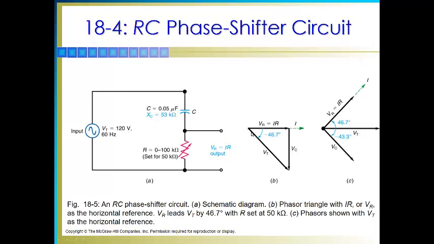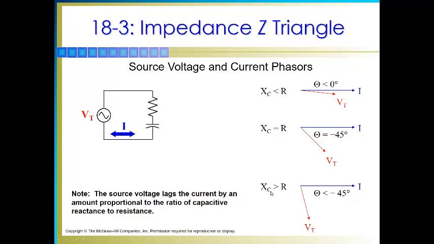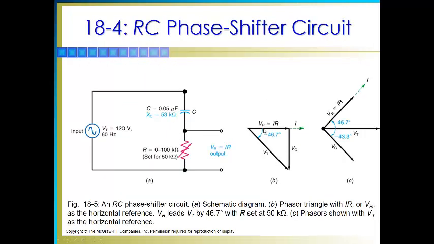The tangent of this angle will be the voltage on the capacitor, a negative value, divided by the voltage on the resistor. And then the inverse tangent of that will give you negative 46.7 degrees. So remember this, if Xc is greater than R, then the angle will be less than negative 45 degrees. In this case it is negative 46.7 degrees, so it is correct.